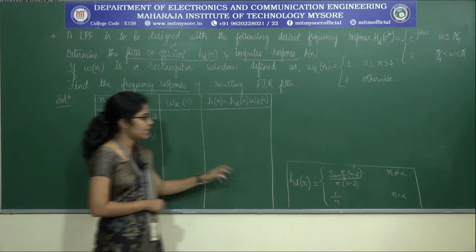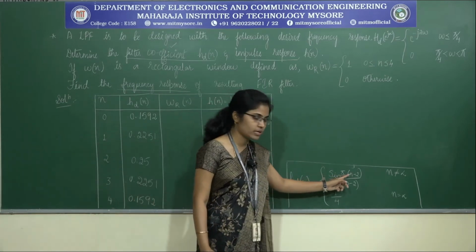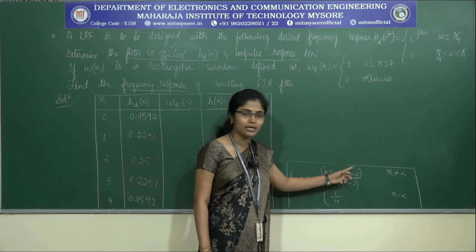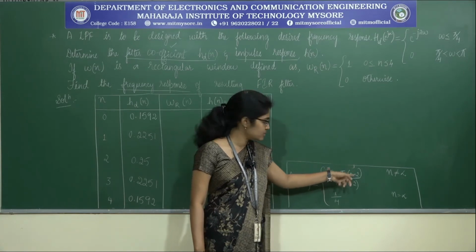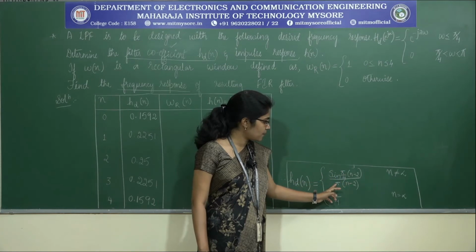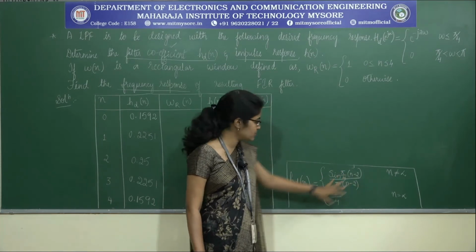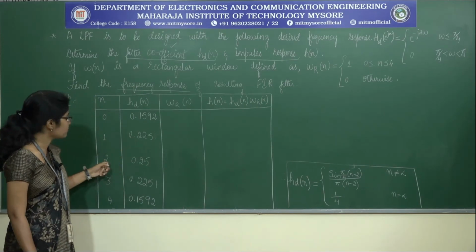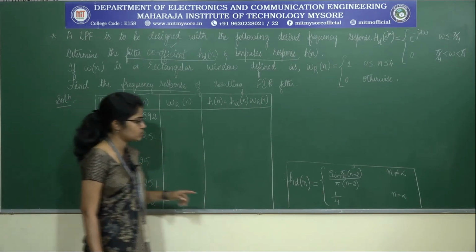So what you need to do? Again come here, substitute the value of n as 1. So what will be the equation? It will be sine pi by 4 into 1 minus 2, that is, it becomes minus 1 divided by pi into 1 minus 2. So if we simplify this, it is going to give this particular data. So if n is equal to 2, what is the value which we are getting?